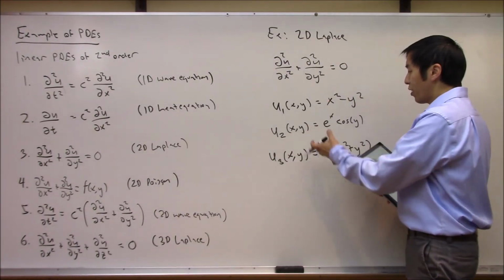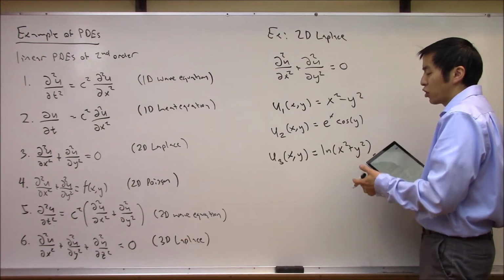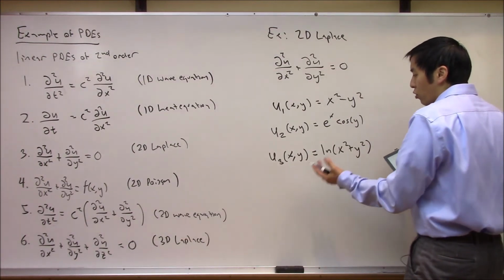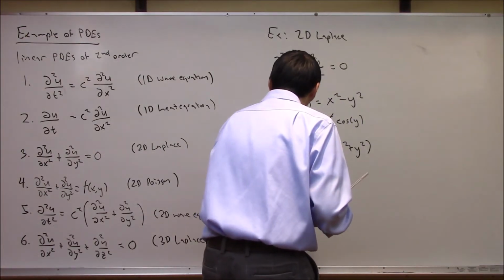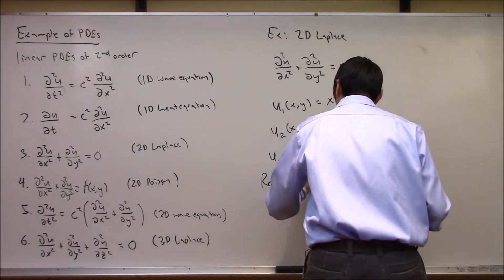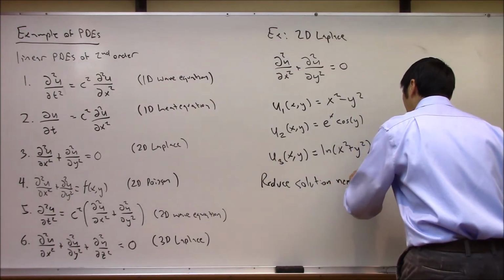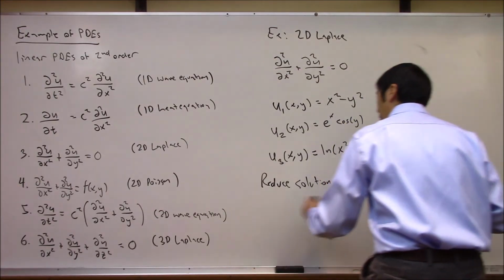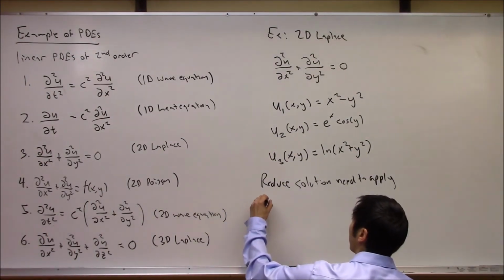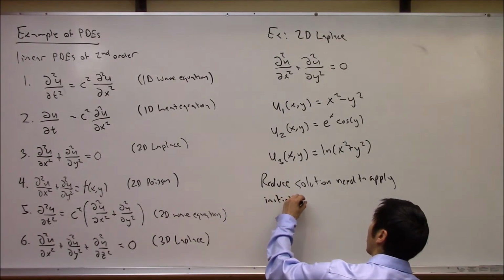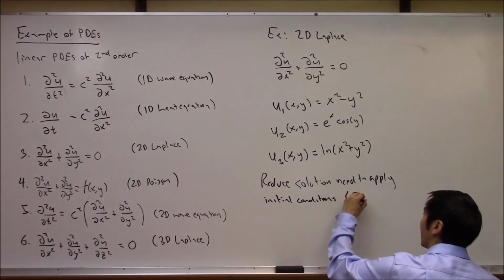All right, so we saw that these are dissimilar families of functions, but they all solve the PDE here. So in order to reduce the solution space, we're going to need to apply, just like we did in ordinary differential equations, some initial conditions, or let's call them ICs.